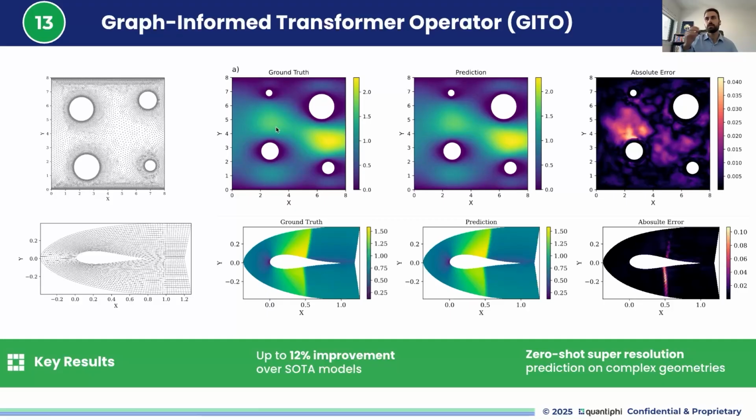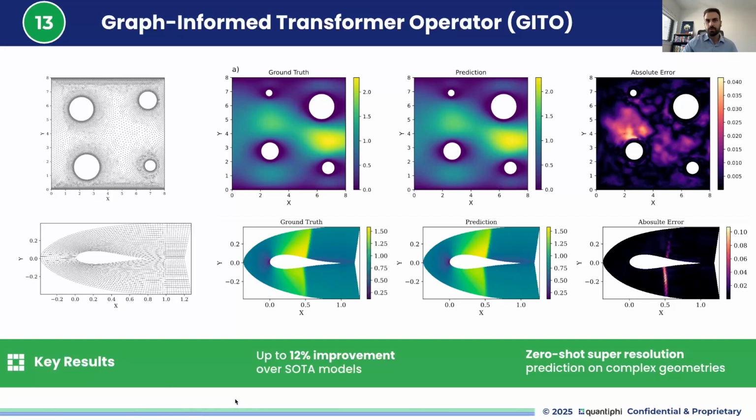Again, you can see some performance comparison. You can see two case studies that we looked at. Here you can see the ground truth, where color shows different design variables such as pressure, velocity, and so on in the engineering systems. The prediction of our model is here. And as you can see, they match almost perfectly. And looking at the absolute error, we have a very small error in our prediction.